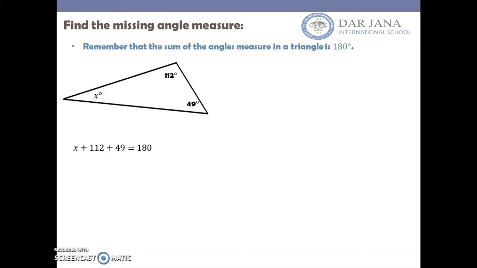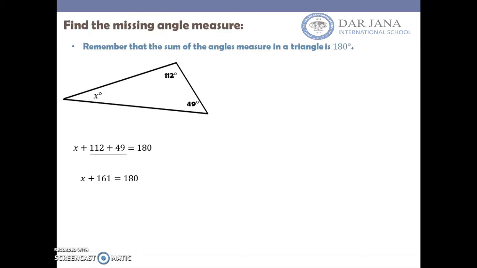Here I'm solving this equation, but before solving it, let me add the 112 plus 49, which is equal to 161. Now I have an equation to solve. Remember, solving an equation, I do the inverse operation.